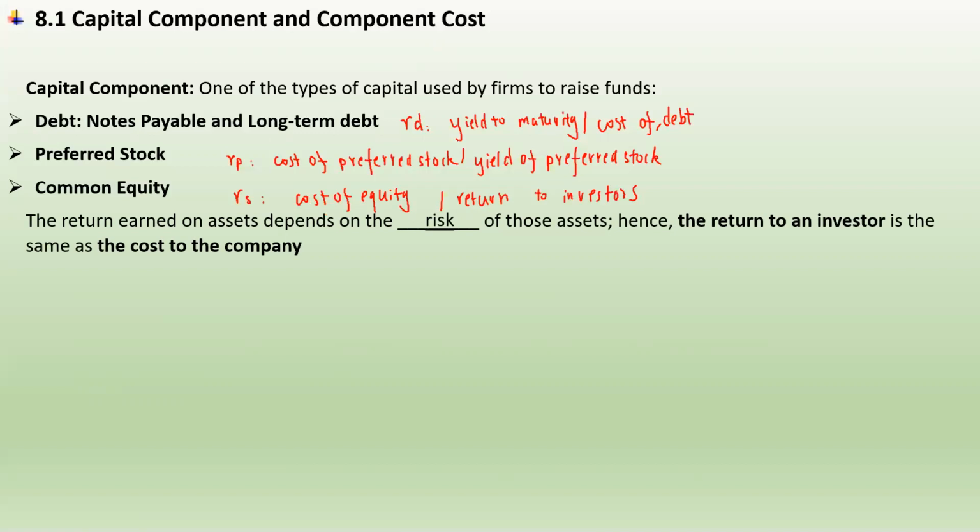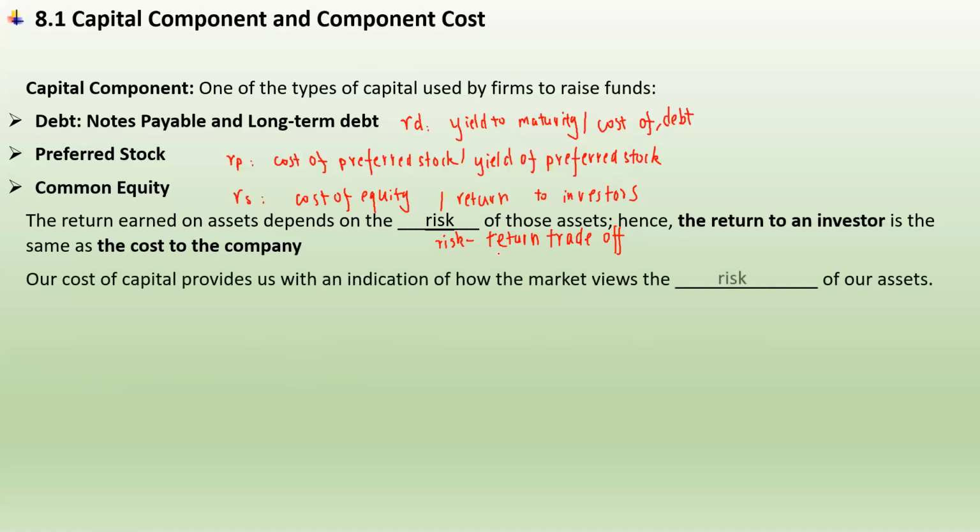Remember, that is the risk-return trade-off. So if you have a higher risk, you have to pay the investor a higher return, which means you have a higher cost of capital. So the return to an investor is the cost to the company.